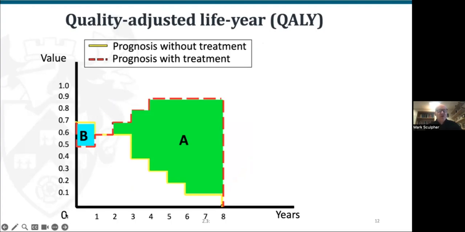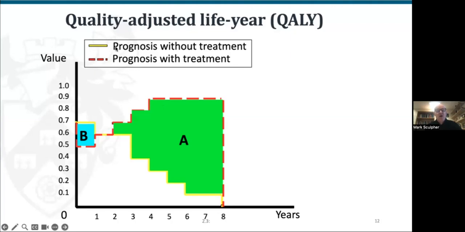And that's measured on a scale that runs from 0, which is equivalent to death, and 1, which is equivalent to full health. On the x-axis, this reflects patients' life expectancy in years. And we've got here two very stylized prognoses for patients.